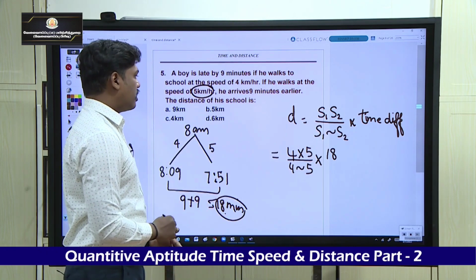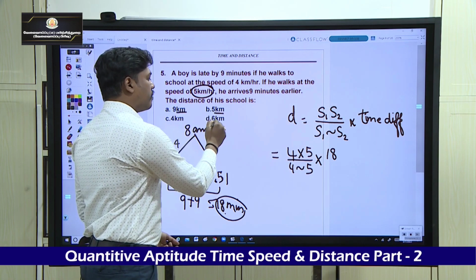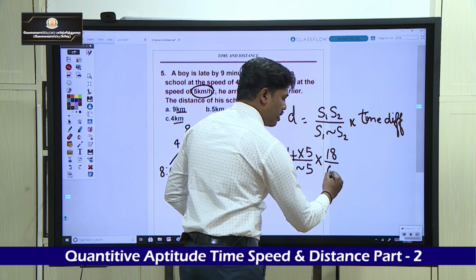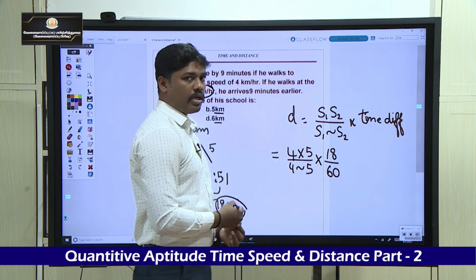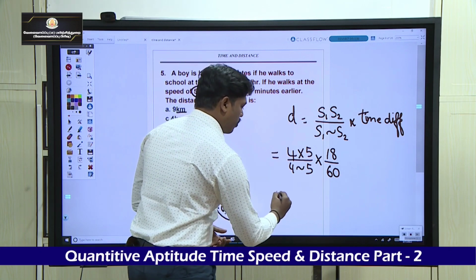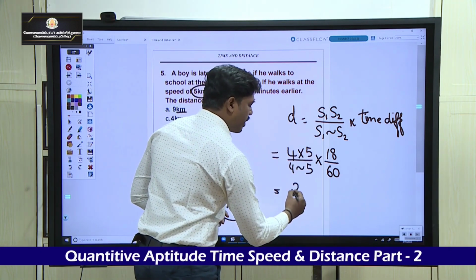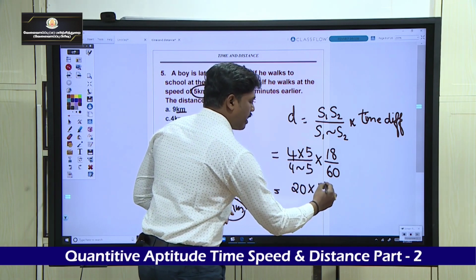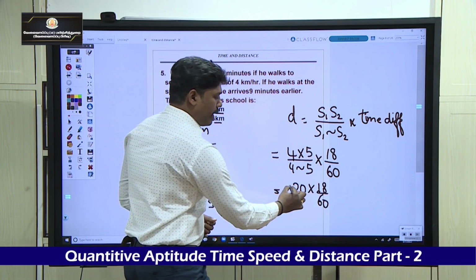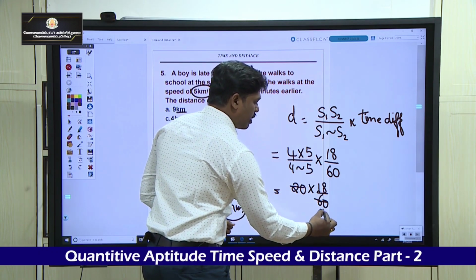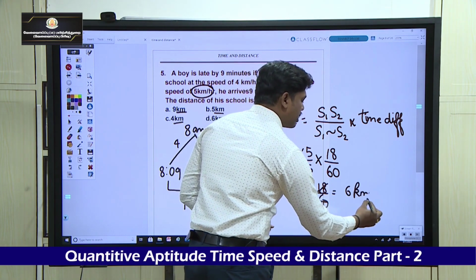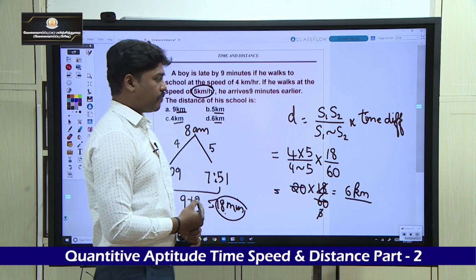Convert into hours since they are asking in kilometer. So divided by 60. 5 difference 4 is 1. So you will be getting 4 into 5, 20 into 18 divided by 60. So what happens now? 20 ones are 20, 3s are 3, ones are 3, 6 are. So the distance is 6 km.